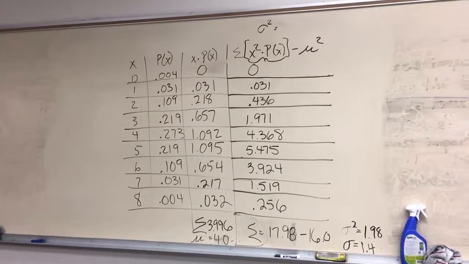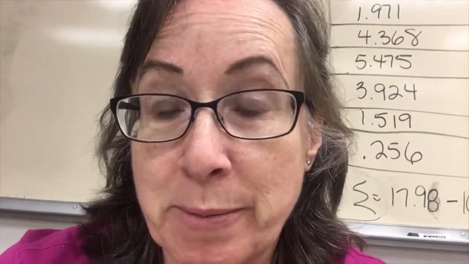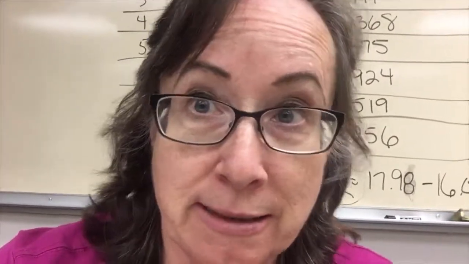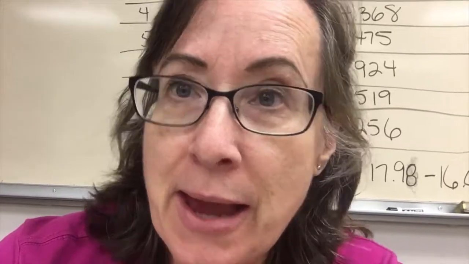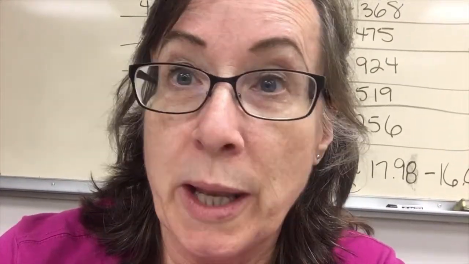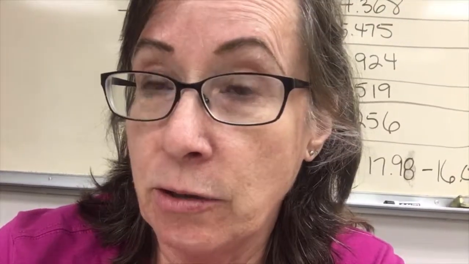That was problem 15. Okay, now we're doing problem number 17, and it's so nice that we don't have to recalculate mean and standard deviation for this one, because now we're trying to use that range rule of thumb to determine whether 6 girls out of 8 girls would be unusual or significantly unusual.